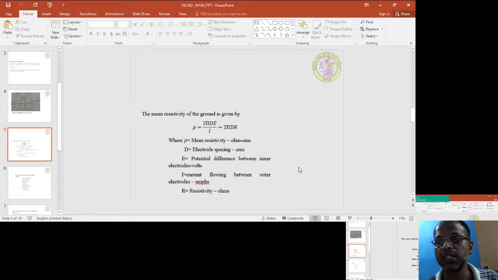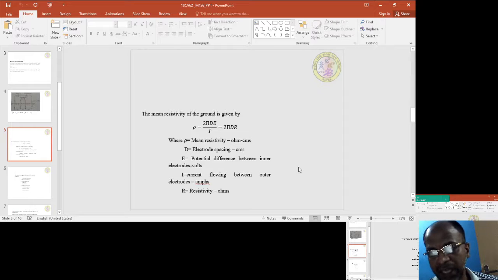So the mean resistivity of the ground is given by rho equals 2 pi d E by I, or 2 pi d R, where rho is the mean resistivity in ohm centimeters, d is the electrode spacing in centimeters, E is the potential difference between the inner electrodes in volts, and I is the current flowing between the outer electrodes in amps.